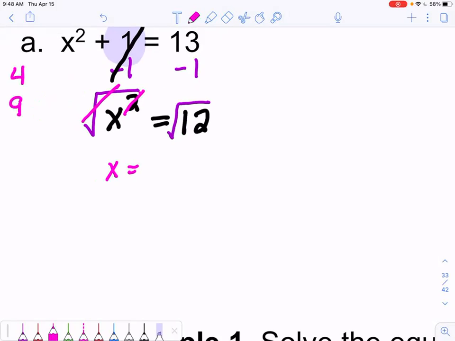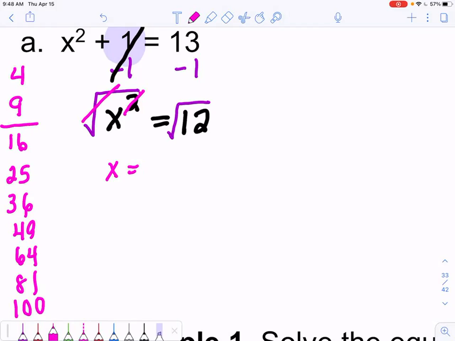So remember our perfect squares, which go up to 100. Emma, how could you break down the square root of 12 with one of the perfect squares? Which one of these numbers divides into 12? 4. So it has to be less than 16. 9 doesn't go into 12, but 4 does.